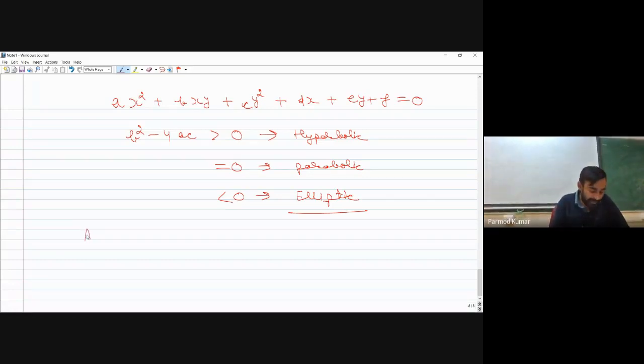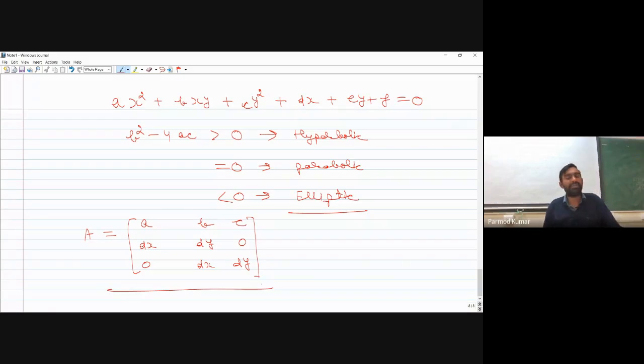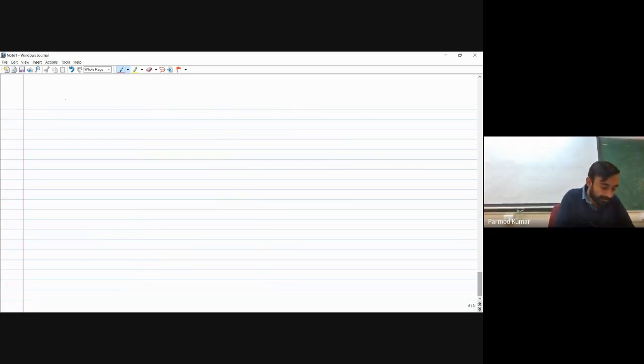We have the matrix with rows A, B, C, then dx, dy, 0, then 0, dx, dy. Based on the eigenvalues of this matrix, I can say whether my equation is hyperbolic, parabolic, or elliptic. Let me explain how.